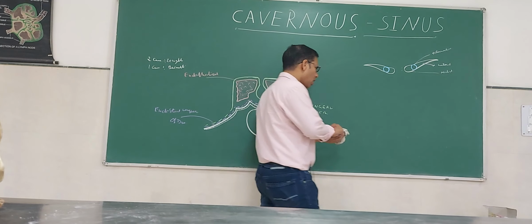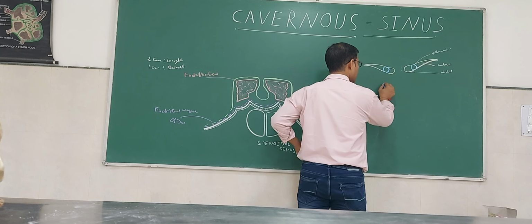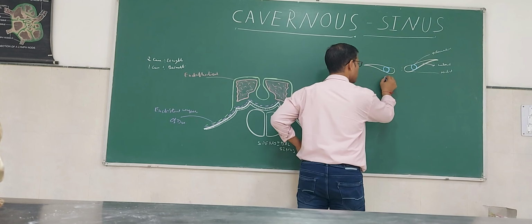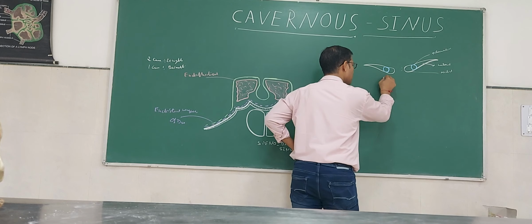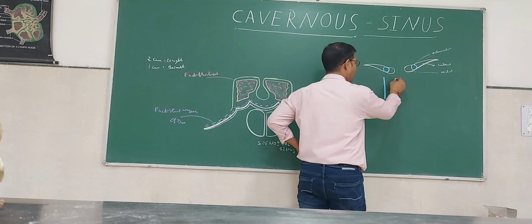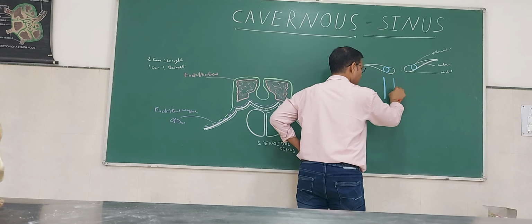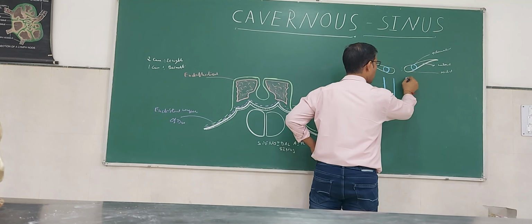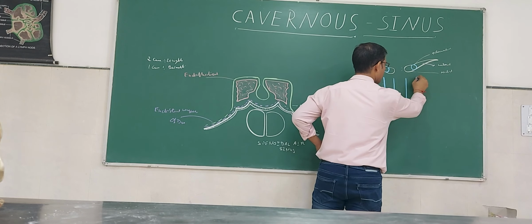Similarly, I want to draw a transverse section here which is showing the cavernous sinus. Here it is, just behind the superior orbital fissure, a venous sinus of 2 cm by 1 cm, which is longer, 2 cm in length by 1 cm in width.